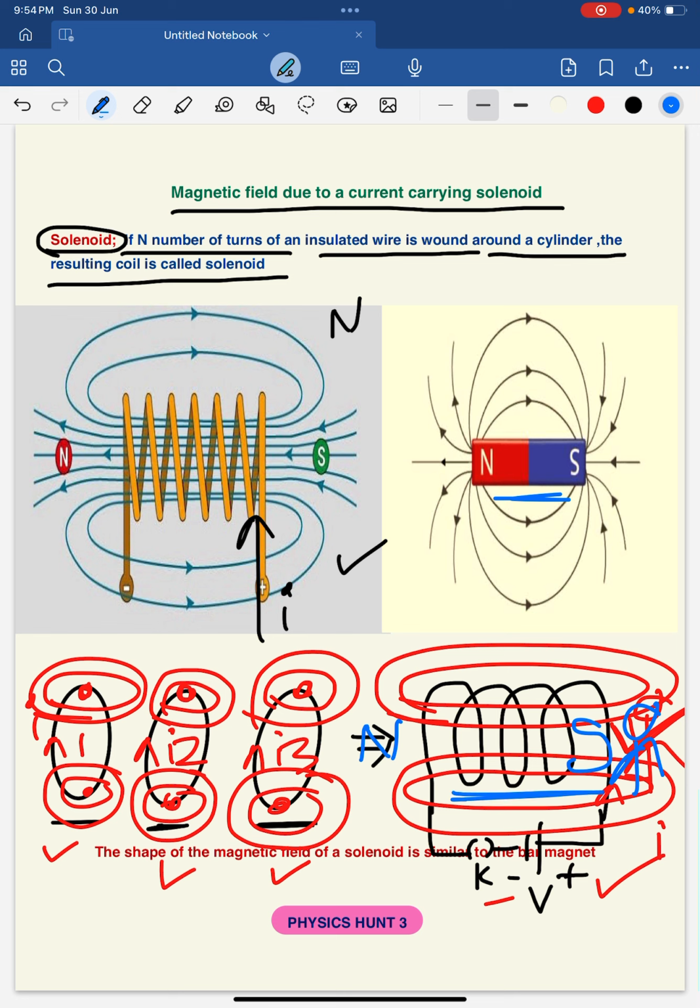So here in this solenoid also, the north pole is located here. So the direction of the magnetic field is from north to south in this direction. Similarly here also in this direction. Okay, now I'm going to erase all the diagrams. I will explain the actual diagram.